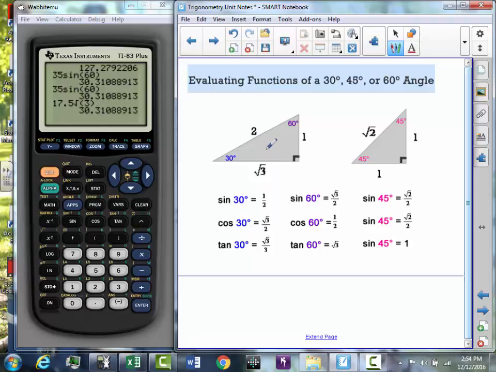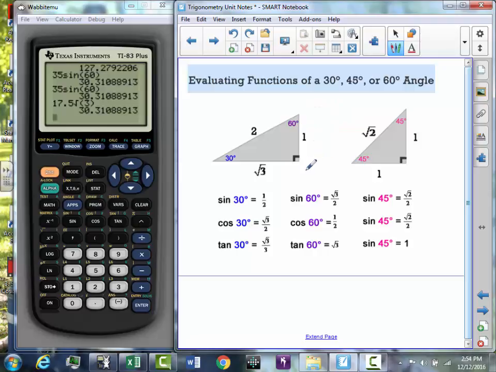Does that make sense? Sine 60 then is root 3 over 2. Now, it doesn't have to be root 3 over 2. It could be root 3 times 200 over 200 times 2. It could be like an upscaled number, if that makes sense. But that's ultimately what the ratio will reduce to by the time you're done. So this is kind of a neat little chart that you can use.